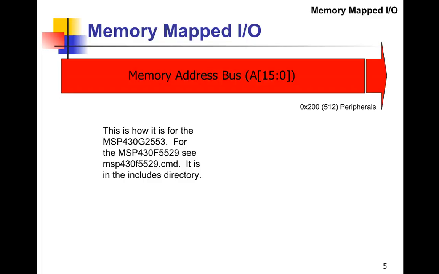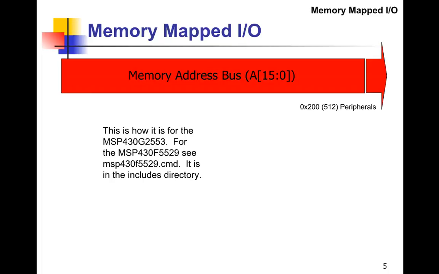Well, I should first notice before we get into this that these slides were prepared for the MSP430 G2553, and we have the MSP430 F5529. So what I'm going to describe here is slightly simpler than what we have, because our processor is actually more powerful than the one that these slides were prepared for.